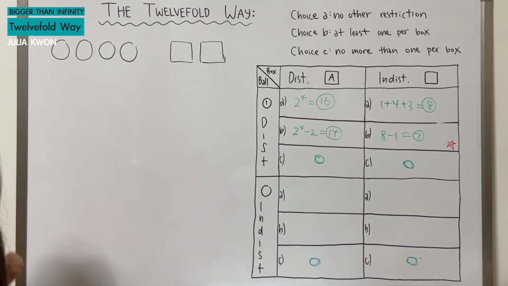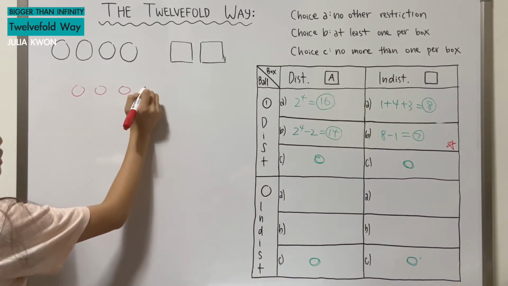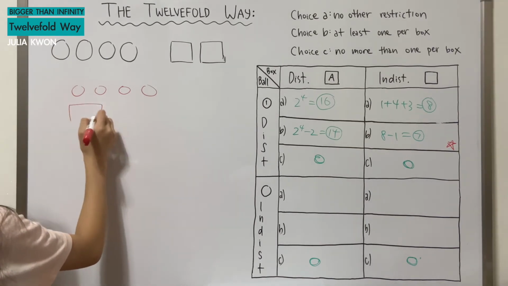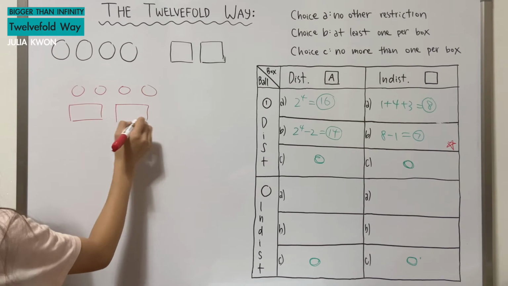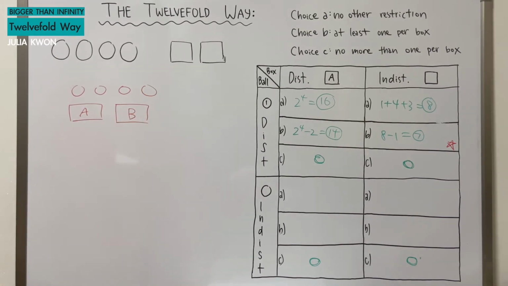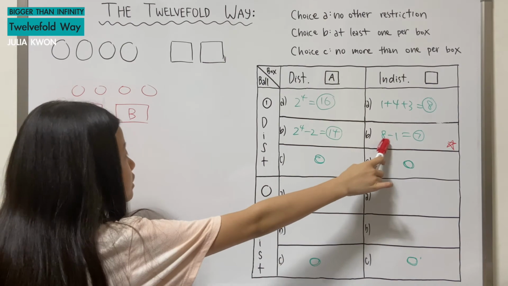Okay, now I will solve for this problem. We have 4 indistinguished balls and 2 distinguished boxes, boxes A and B. And we're going to do it the same way we solved for problem A and B here.